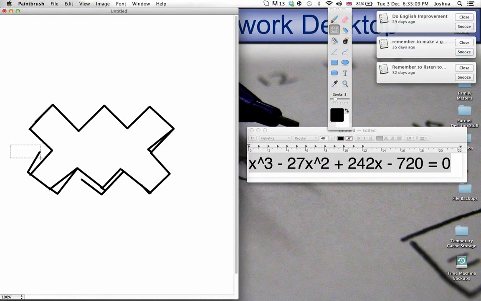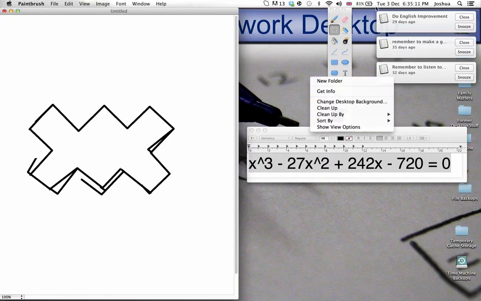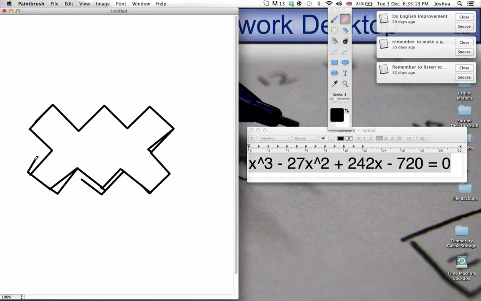So this is Jack Marsh's shape. Let's get our eraser out to get rid of unwanted lines. There we go. Like that, once you've got rid of those lines you don't need. Good.